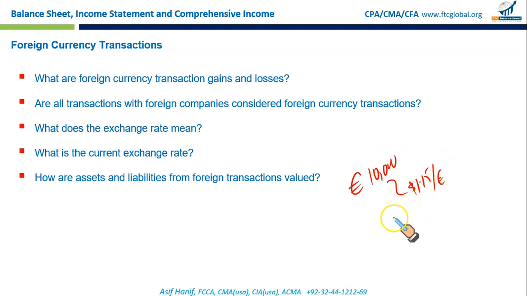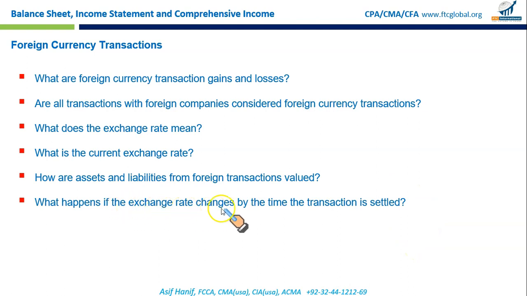Just multiply 10,000 with 1.15, you get 11,500. So basically 10,000 euros is equal to $11,500. So this is the amount you're going to record your transaction.